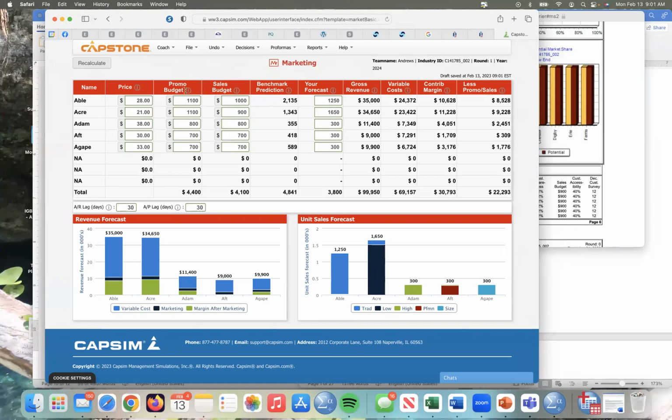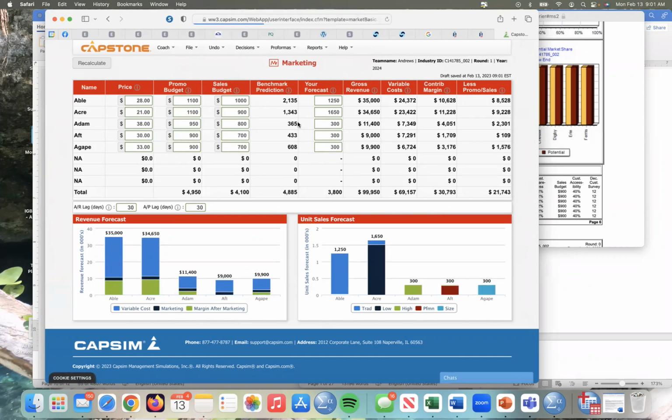It has an impact on customer accessibility. It also tends to have a bigger impact on demand. So again, I'm going to do that here. I'm going to increase the promotion budget for all of my products, but especially my top sellers, and recalculate.